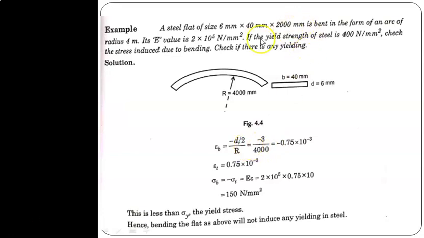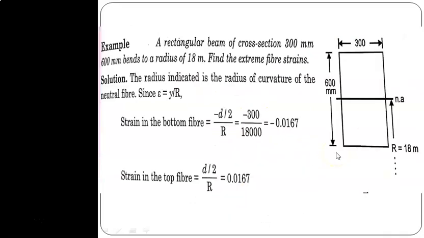So here d by 2 is 3 mm, half the thickness, and r is given as 4000 mm, and we obtain epsilon b, the bending strain. Then sigma b is equal to Young's modulus into that value. The yield strength is 400, therefore the flat is safe, like that we can check.